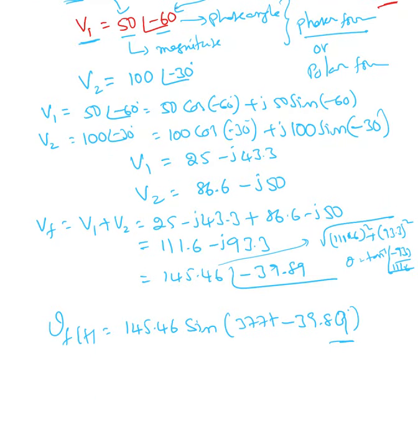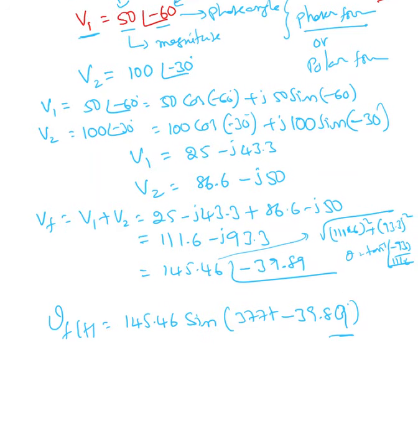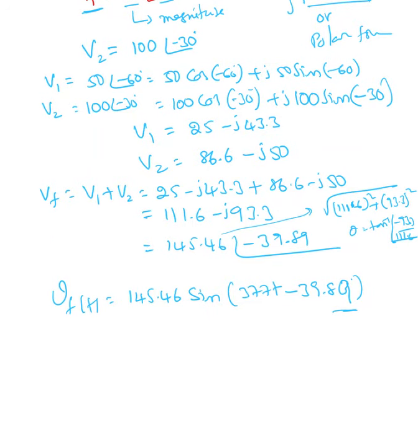If some of you converted this into cos, I can write it down in cos too. If I take this as sine theta, it's 90 minus theta. So to convert this into cos, 145.46 cos 90 minus 377t plus 39.89.